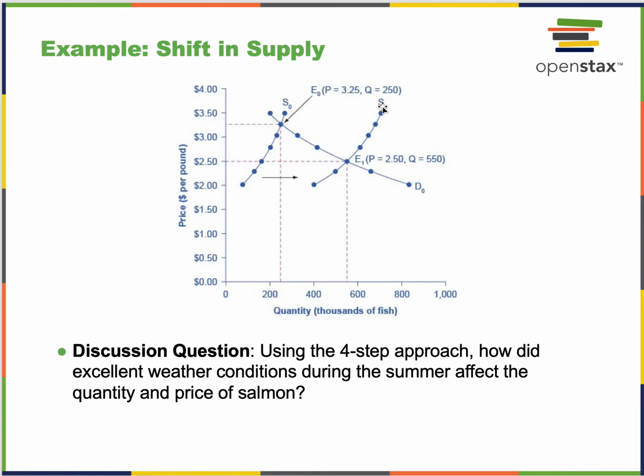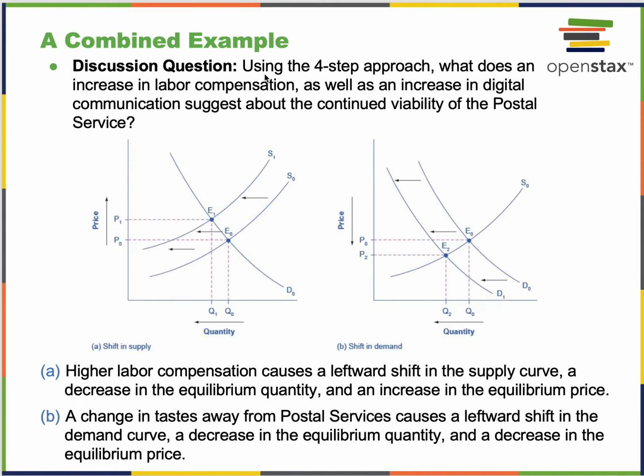So for a shift in supply with a static demand curve, quantity goes in the direction of the shift and price goes opposite. So if this was our original supply, and for some reason the supply curve shifted down, quantity would go down, but price would go up. And we'll summarize that, of course, in the next class.